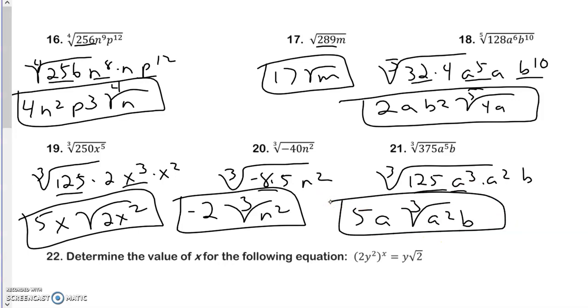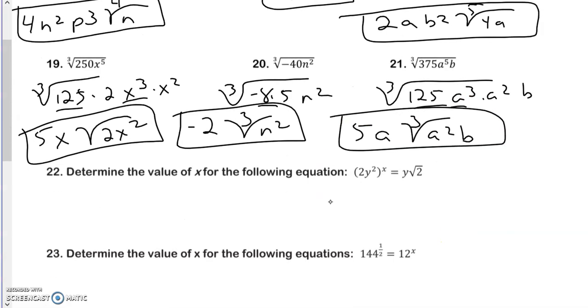Now let's take a look at these. Determine the value of x for the following equation. So for me, I'm going to write this one up because I know that there's a 1 here and a 2 here. So I want to see what that is. So I know it's y, and it would be 2 1/2. Aha. So that has to be what this is.